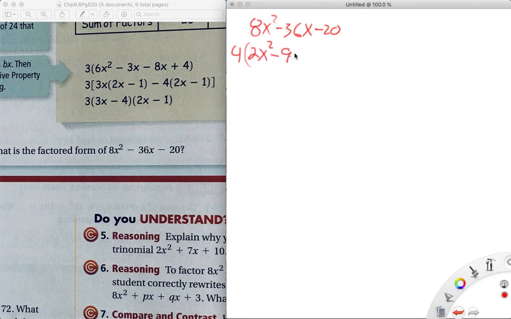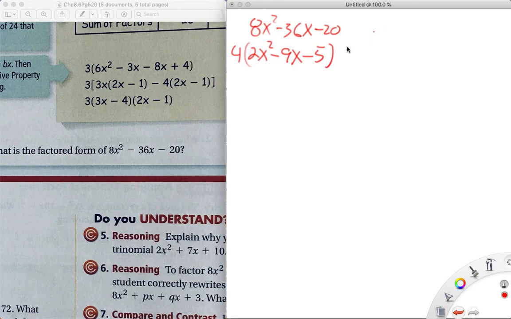That turns into 9x. That turns into 5. So now I'm going to use the diamond method with this in here. Now just to recap, I could have used the diamond method with this. It just would have been bigger numbers with a lot of factors and getting lost. It is always easier to factor out and make it as small as possible and then use the diamond method whenever possible.